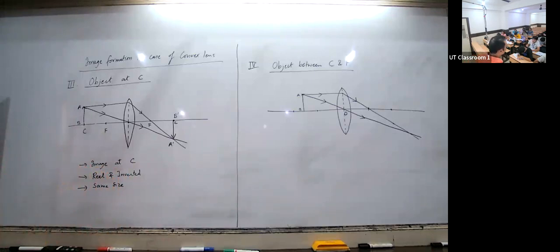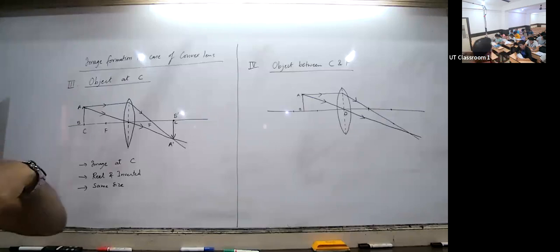Is it reflection or refraction? Transmission is happening. No? So where is the opportunity for it to retrace its path? There's no opportunity, no? This is a transparent medium, not reflection. Okay. So it will not deviate.